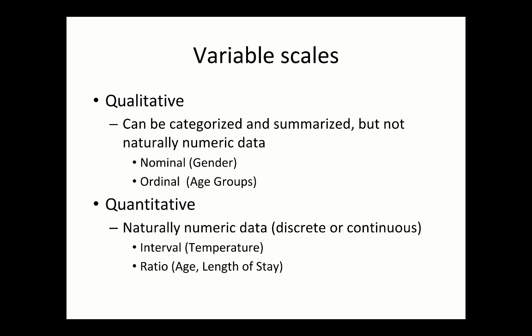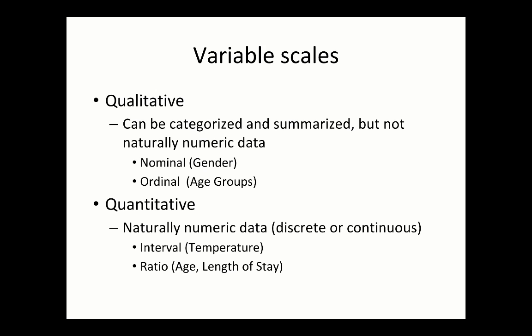Also, if we look at a value of 0 for temperature, this doesn't have an interpretation. Now let me take a step back and explain that. A temperature of 0 degrees Celsius is cold, right? We can make sense of that. But that does not mean that it is the absence of temperature.